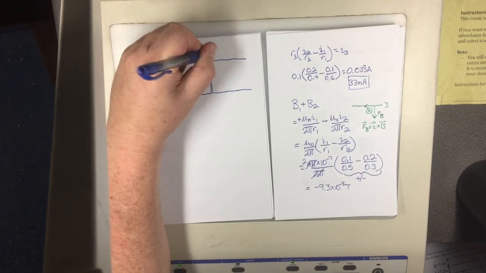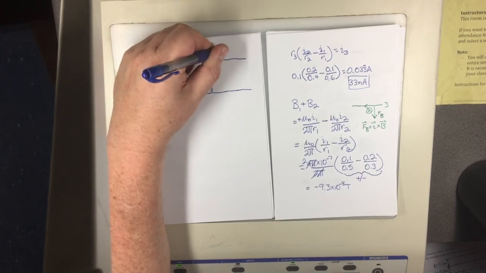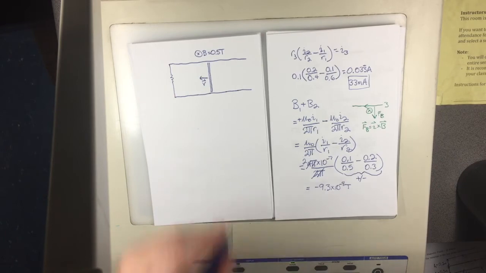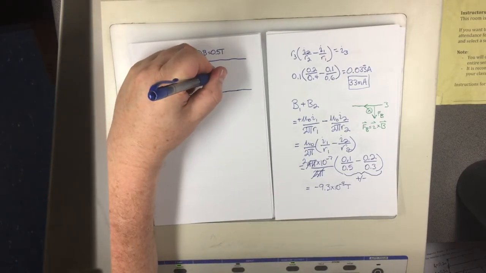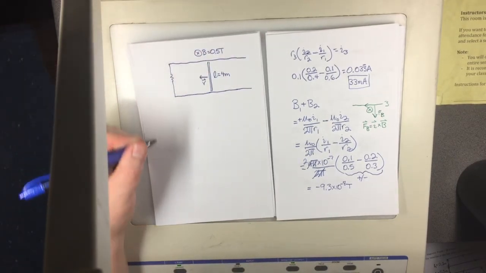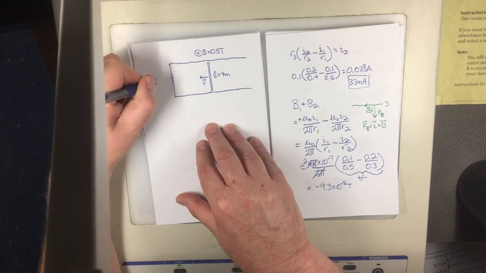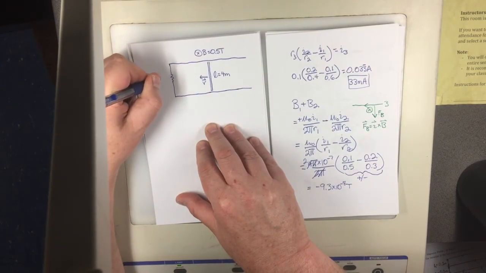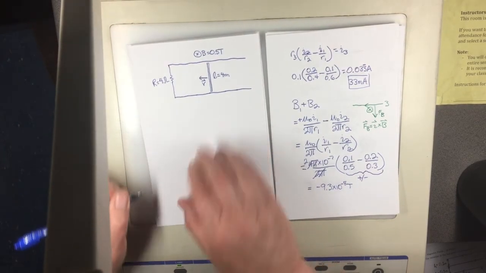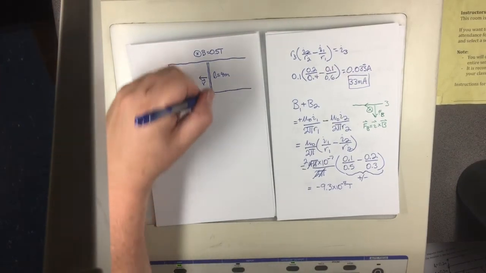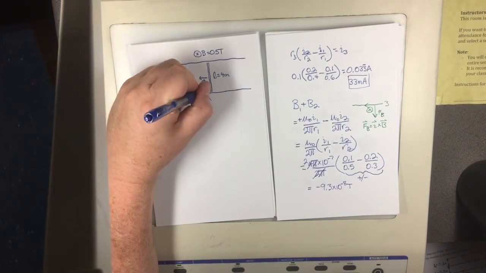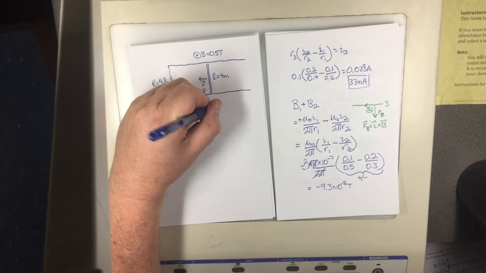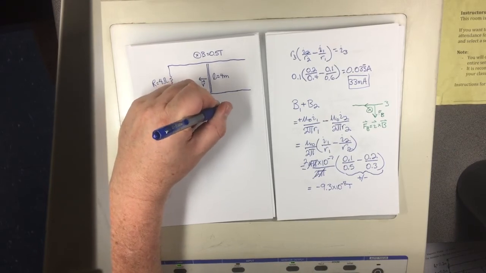So the B field magnitude is 0.5 Tesla in. The length of the bar is 4 meters. The resistance is 4 ohms. The velocity is 16 meters per second to the left.